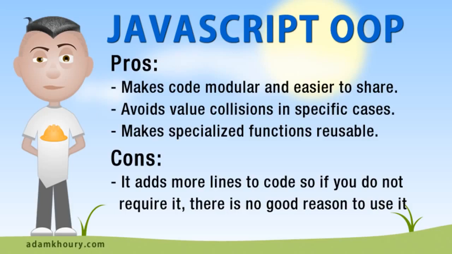Now, what are the drawbacks or the cons, you might ask? And there's really only one. It takes a little bit more processing power for the server to be able to call a class file into a script and then code against it. So basically it adds more lines of code to your applications. So if you do not require it, there's no good reason to use it.